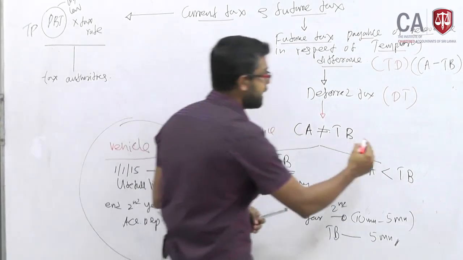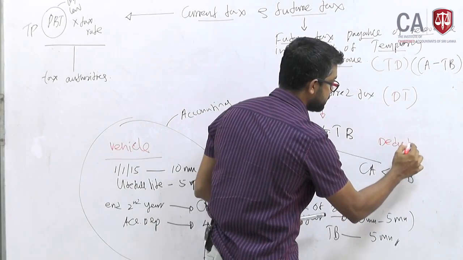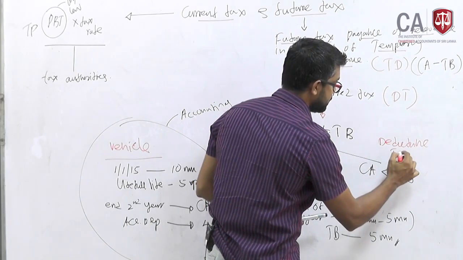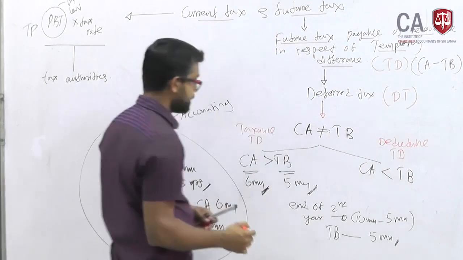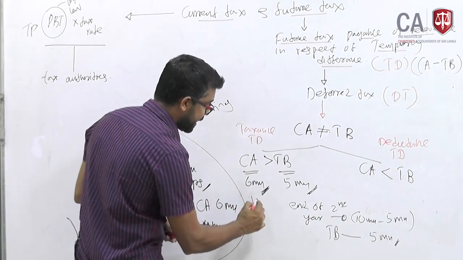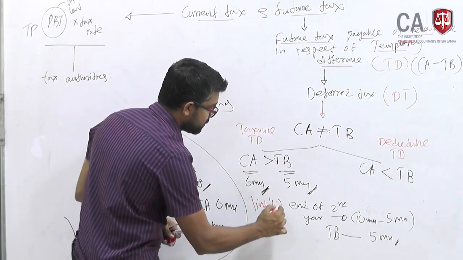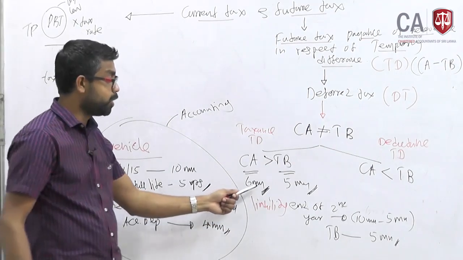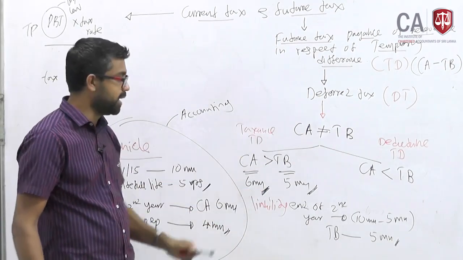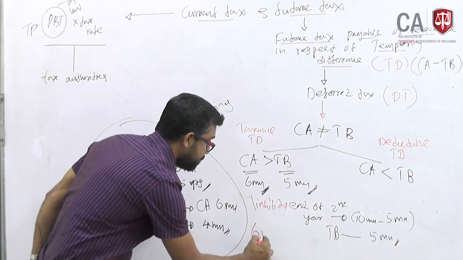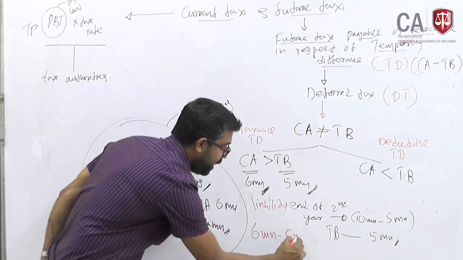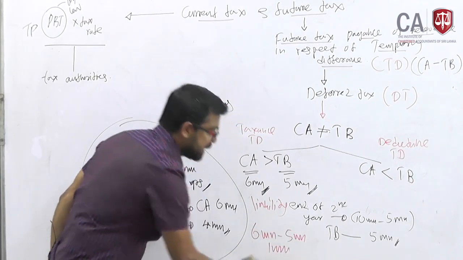Other side, deductible temporary difference. Temporary difference. Here you have a liability to pay tax. Right? You are liable to pay tax on 1 million, more than 1 million. That means 6 million minus 5 million, you have to pay tax on an extra 1 million.